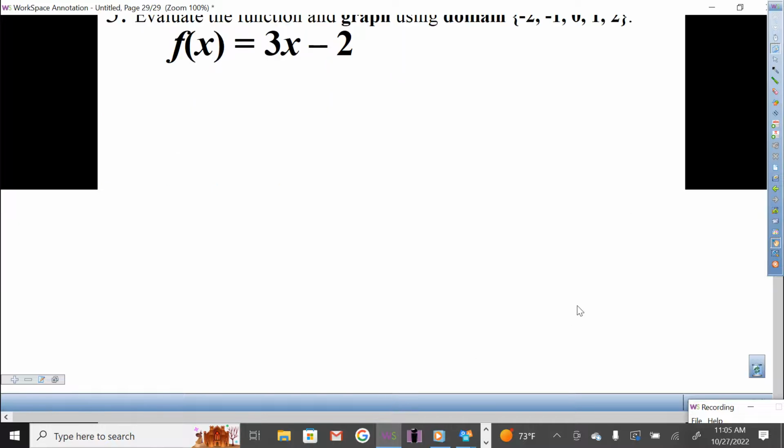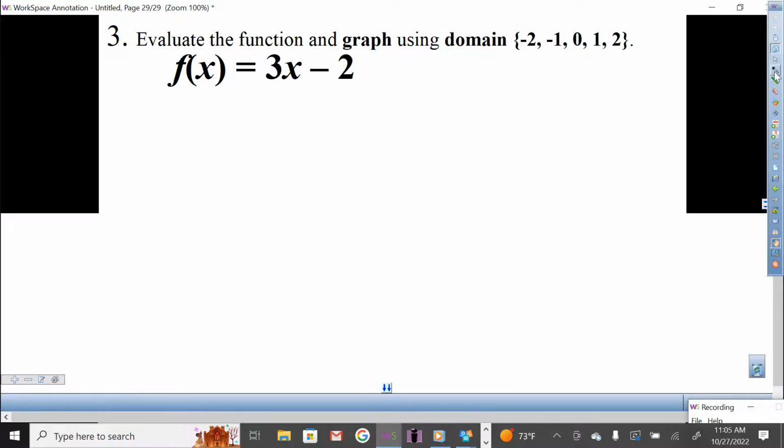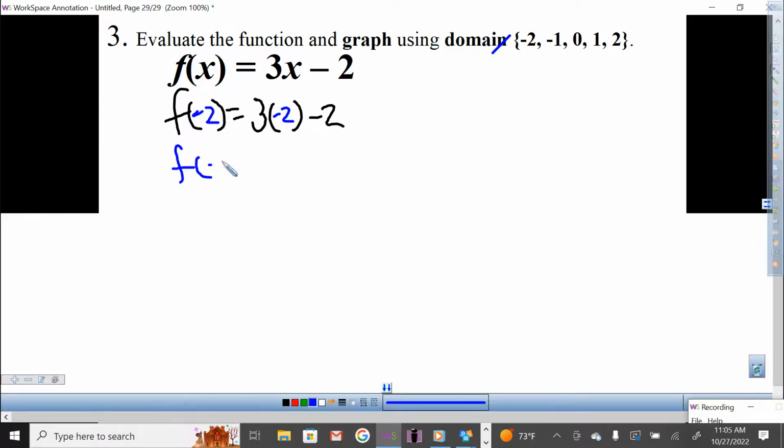Here it goes. So we got f of x equals 3x minus 2. The first value I'm going to use is -2. And it reads, f of -2 equals 3 times -2, which is -6, minus 2. So f of -2 equals -8.